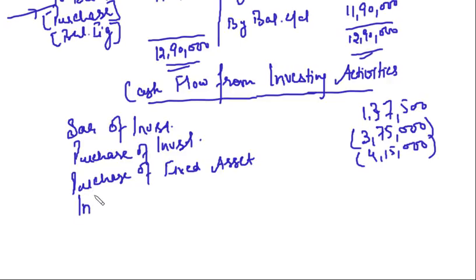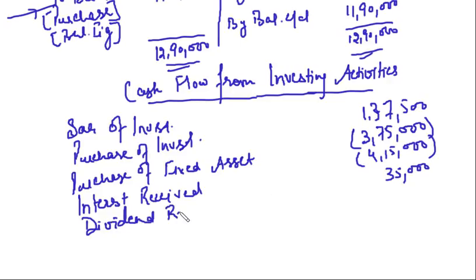So I will say interest received is 35,000 and dividend received is 25,000.